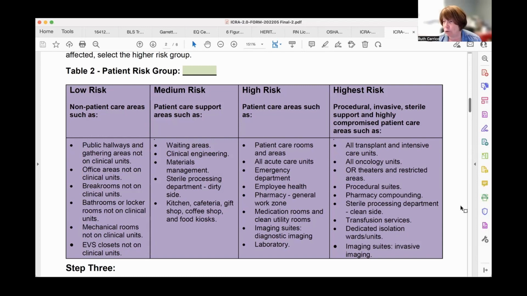And we know being pregnant is an alteration of the normal immune system and immune response. So we're going to have the little ones and the moms, and I'm inclined to lean toward the highest risk.